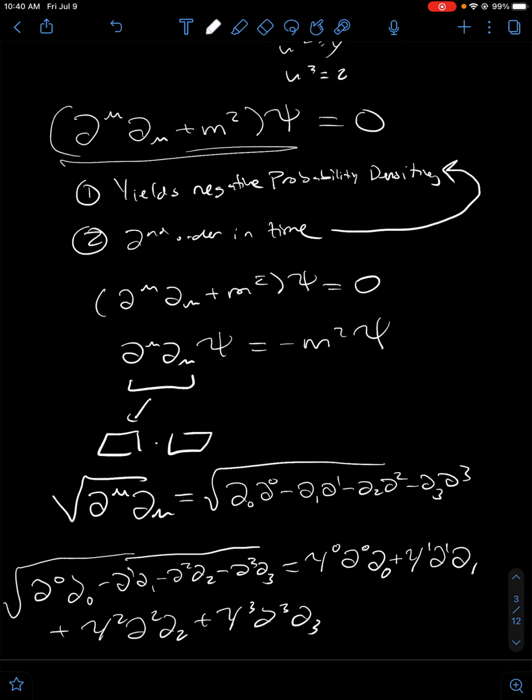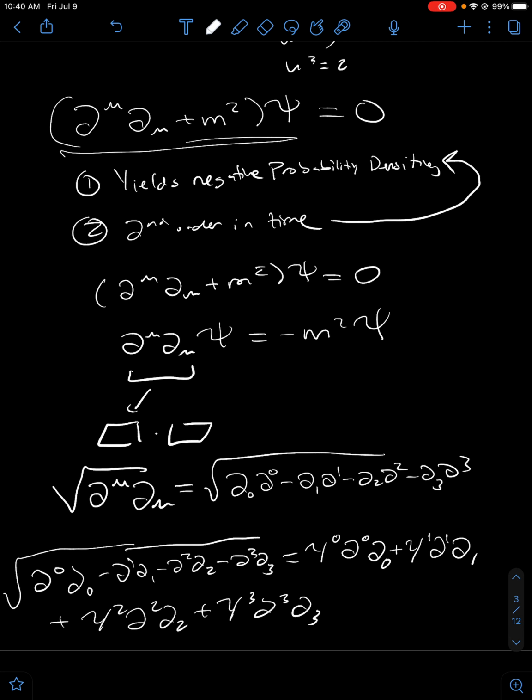So we're just making a guess here, an ansatz kind of, that the square root of this term can be written.